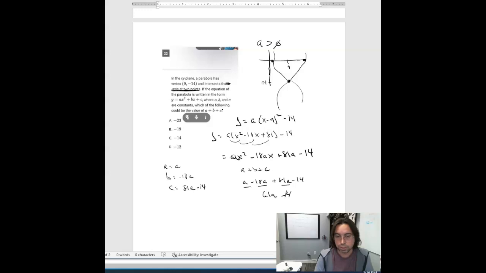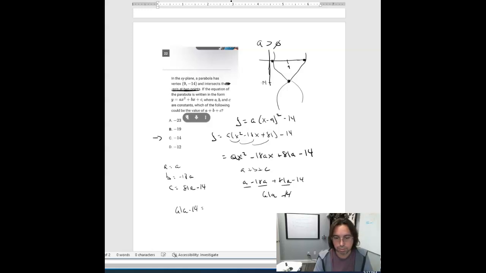So we can try using trial and error here. That's probably the best bet. If I try C and see what happens, 61a minus 14 should yield a positive a.